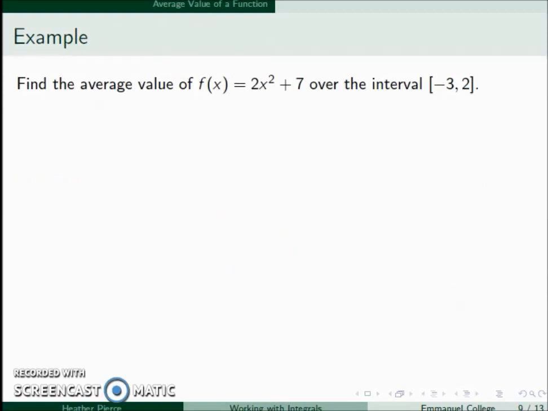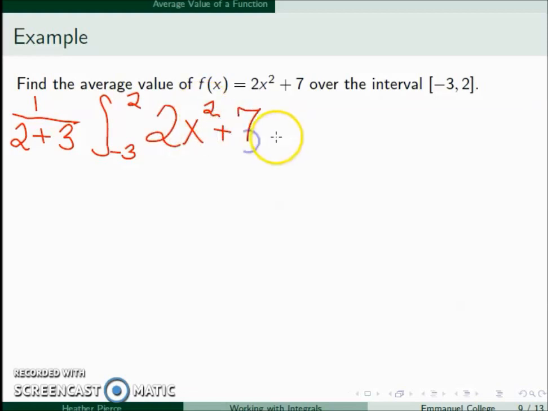Say here, I want to find the average value of f of x equal to 2x squared plus 7 over the interval negative 3 to 2. So this means I have 1 over b minus a, which is 2 minus negative 3, so 2 plus 3, times the integral from negative 3 to 2 of 2x squared plus 7 dx.